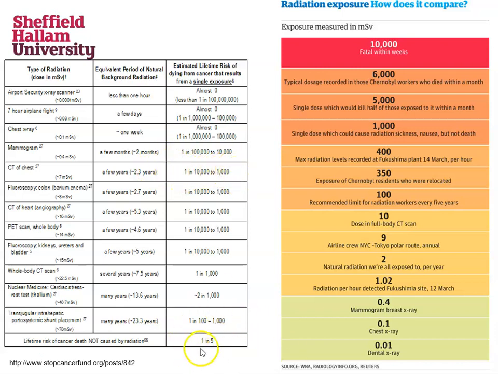Bearing in mind that 1 in 5 people develop cancer, this is slightly pushing up your risk by a tiny amount. And mammograms as well, they do push up the overall risk of cancer, in particular breast cancer, but by a very, very small amount.